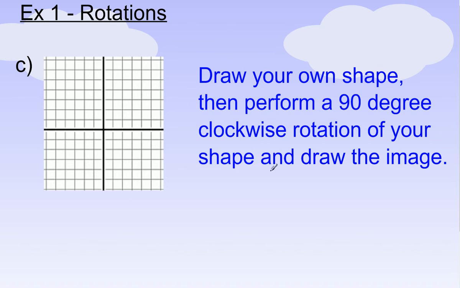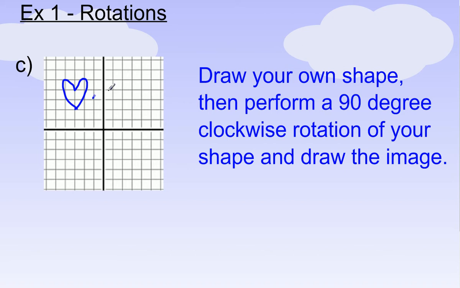Alright, so here we are. I'm going to draw a shape. I don't know, I'll just make a simple shape. And that didn't work for me. I don't know what I want to draw. There, I'll make a heart. It's an ugly heart. Alright, so I'm going to make a 90 degree clockwise rotation.